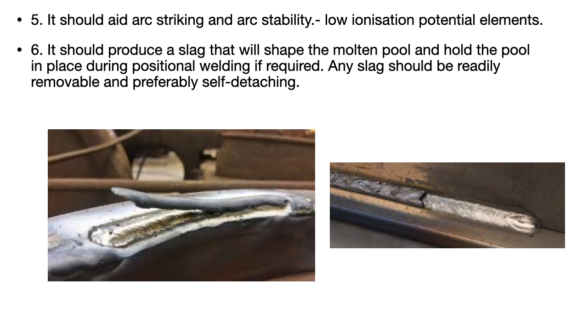The formation of the slag, or the quality of the slag produced, will directly depend on the quality of the weld shape which is produced, because it shall ensure that the slag is easily solidified, whereas the molten pool will still be in a liquid phase.